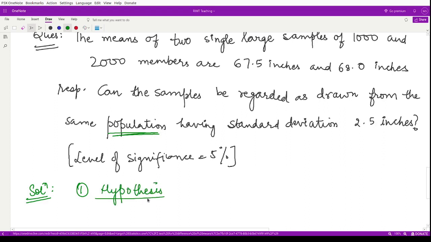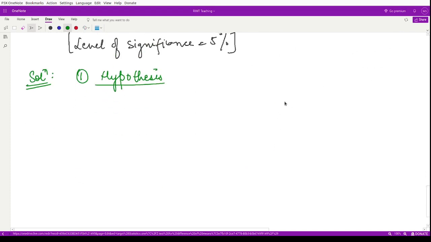Defining the hypothesis, our alternative hypothesis, because we wanted to judge whether it is the same or not, we may say our alternative hypothesis is that the means are not equal. So that means it would be a two-tailed test.